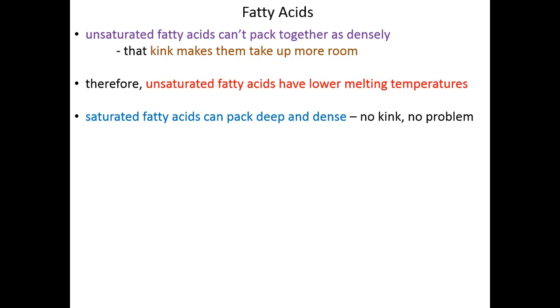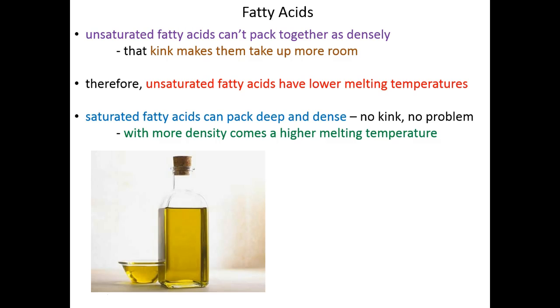Saturated fatty acids are those 5 individuals standing next to each other with arms strictly at their sides and legs straight down. You can pack those 5 individuals up together quite densely. No kink, no legs sticking out, no problem. You can pack those fatty acids in deep. And with that higher density comes a higher melting temperature. These fatty acids tend to stay solid at room temperature, not liquefy.